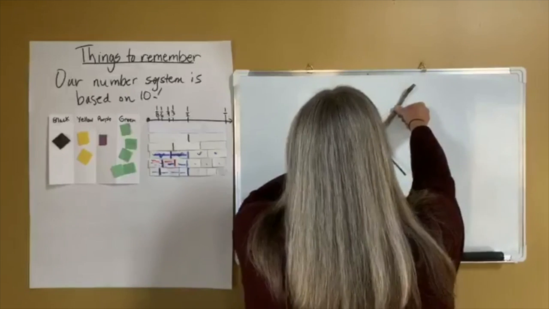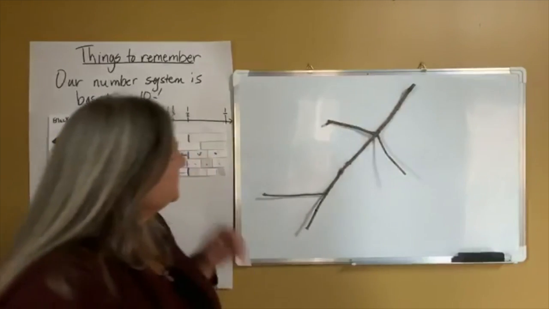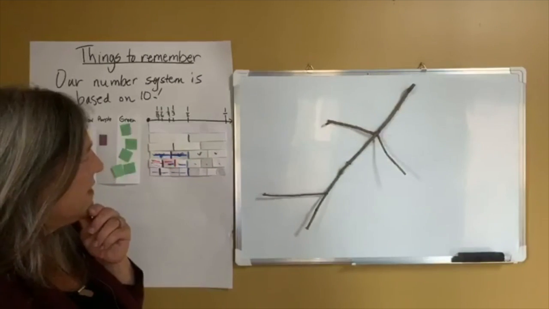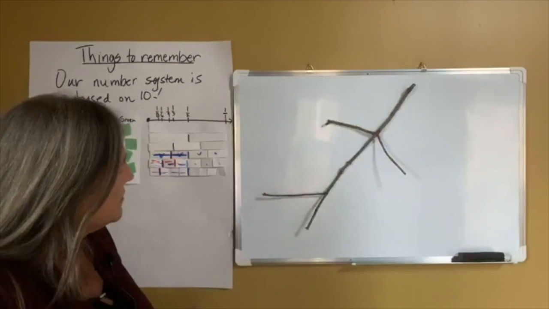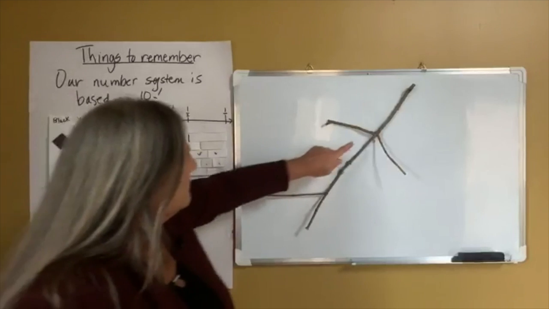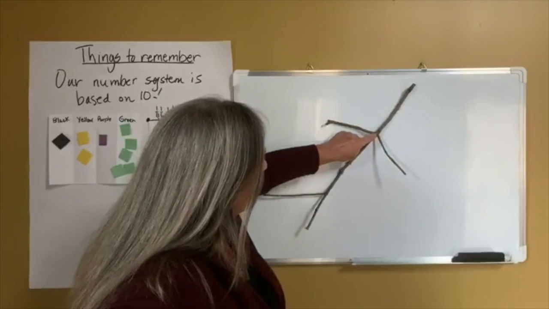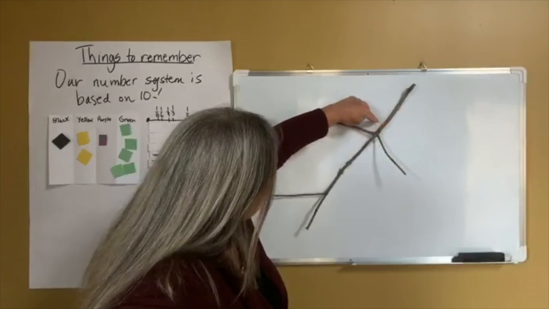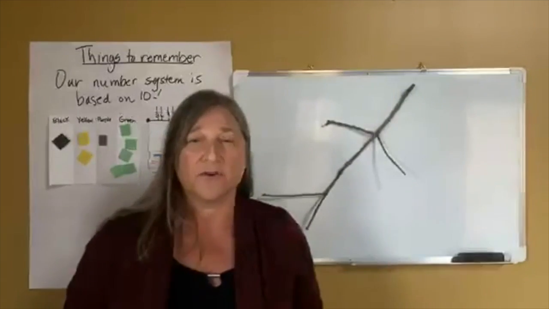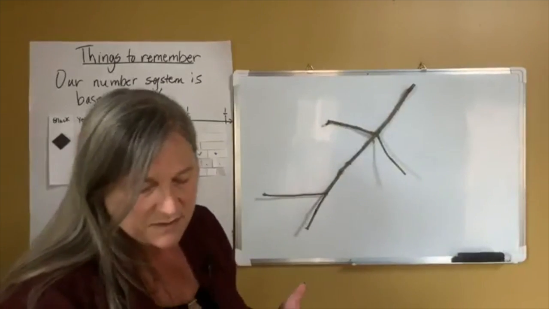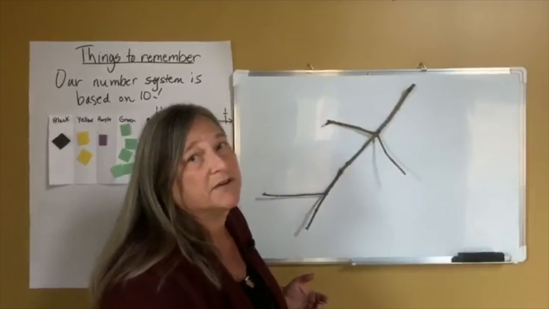All right, so we have this stick. Now, we can talk a little bit about the angles that we see in this stick. So, what do we know? We know that when there's a center piece like this, all of these angles around here will add up to be that full turn. And that full turn, think about the pictures and the videos that you see, is 360.